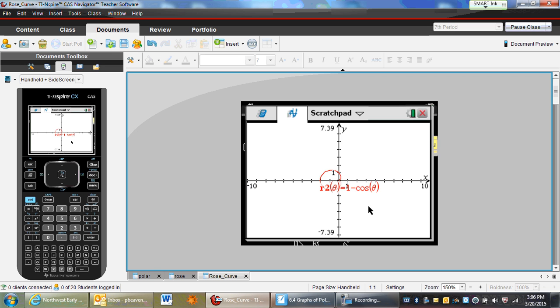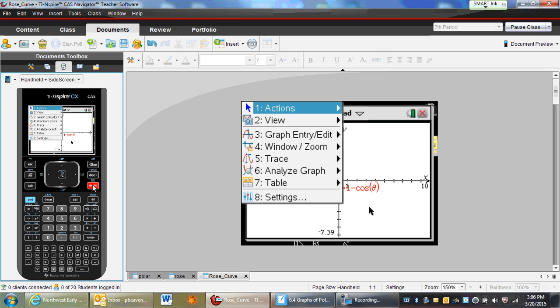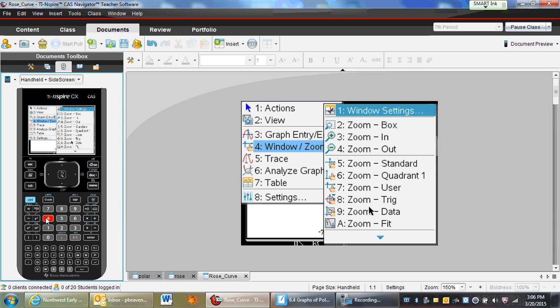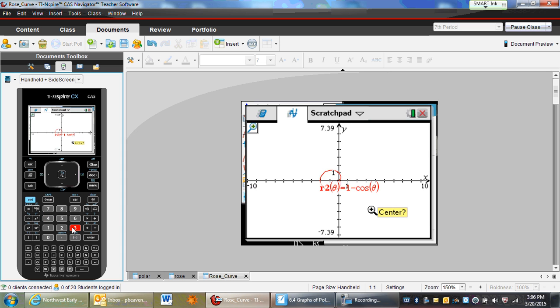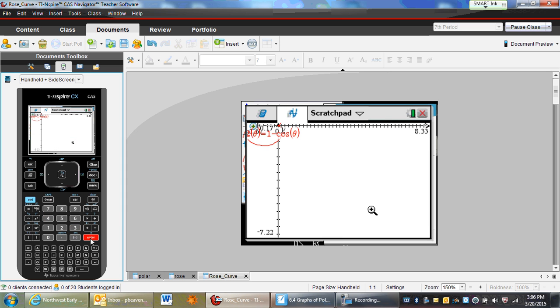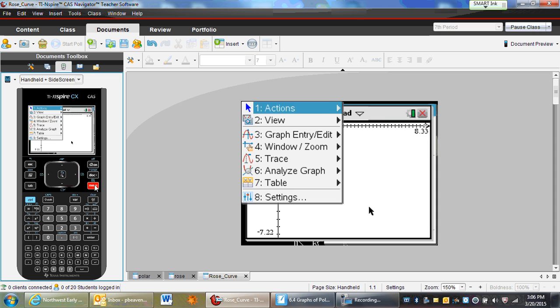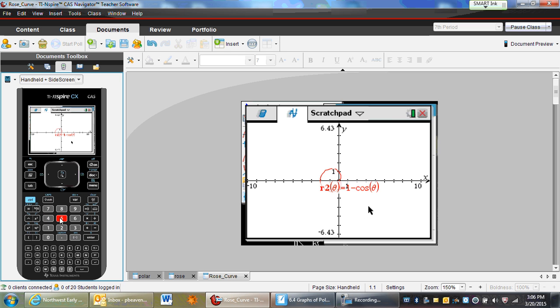Okay, so then we have that one, and let's try to zoom in a little bit. So I want you to notice something. You could go to menu, window zoom. You can just zoom in, or you could change your window settings. I'm going to go back to standard.